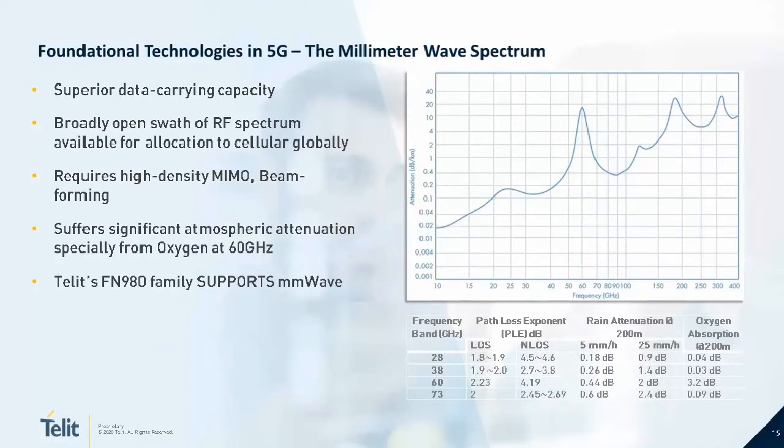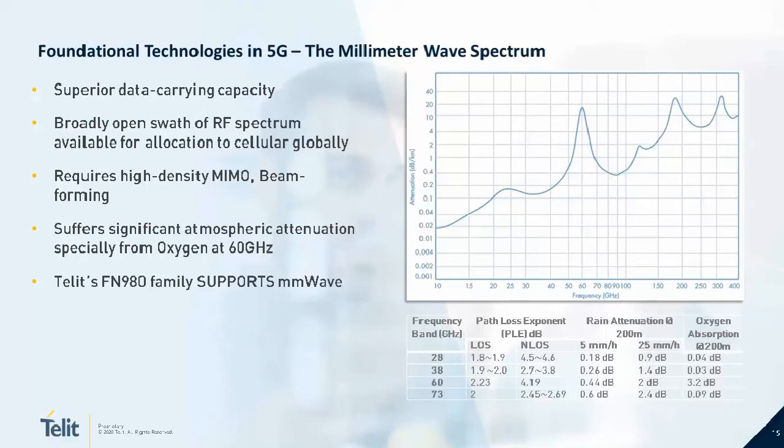So millimeter wave just simply means that the wavelength of the frequency is of the order of a few millimeters. Now, there are a few spectrum bands that are now available worldwide for 5G, and those are listed on the bottom right table, band 28, band 38, and so on. So actually, 28 gigahertz, 38 gigahertz, 60 and 73 gigahertz, respectively.